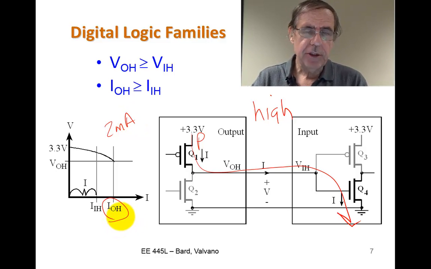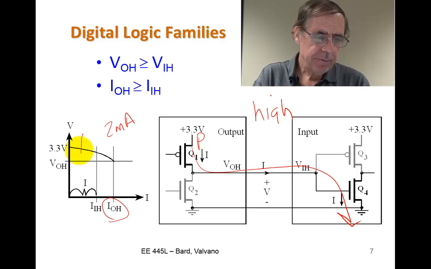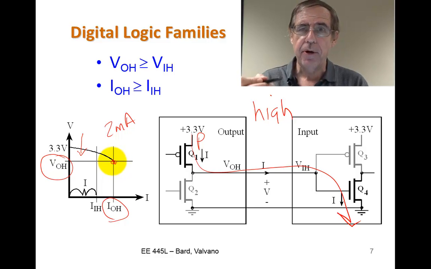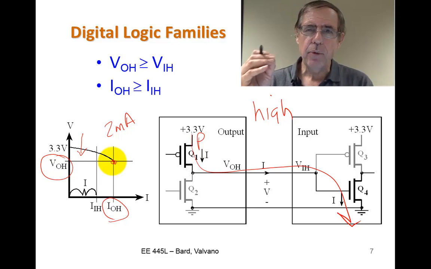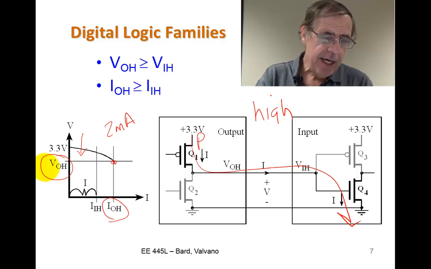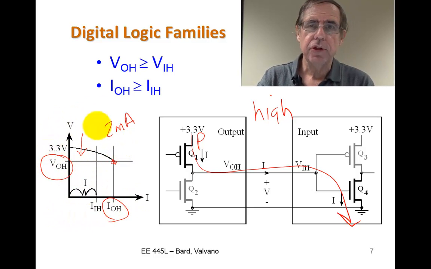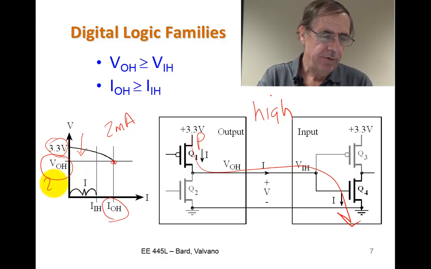But what happens is, as I try to source more and more current, the actual voltage is going to drop. And so this parameter VOH and IOH is actually just an operating point that we actually never reach. And that is, at what point does the output stop working? And so as the current gets larger, the voltage will drop somewhere between 3.3 down to 2.4 volts.